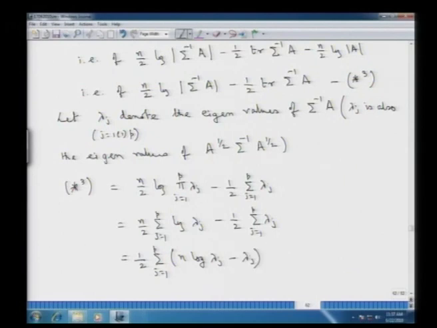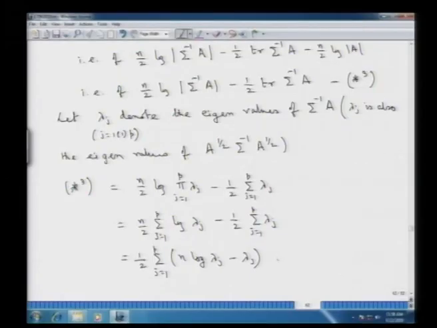So, in order to maximize the likelihood, we can maximize this particular quantity with respect to what now? With respect to these lambda j quantities. And what is that lambda j which should maximize this likelihood? If each of these lambda j's is equal to n.